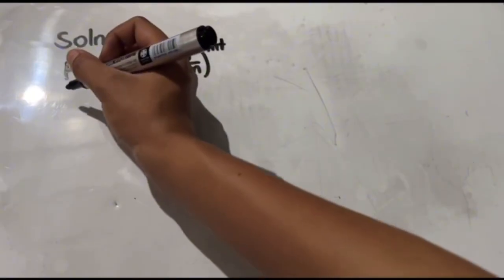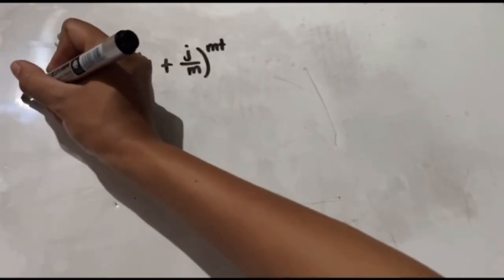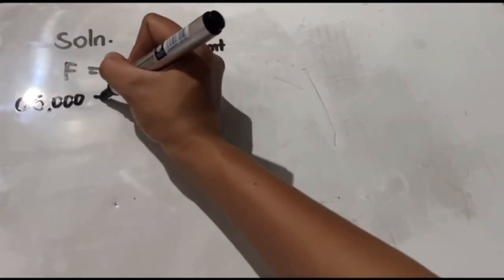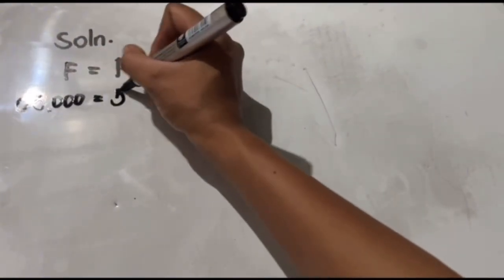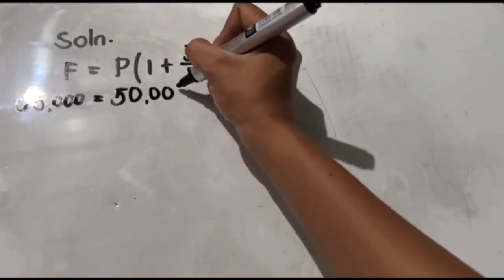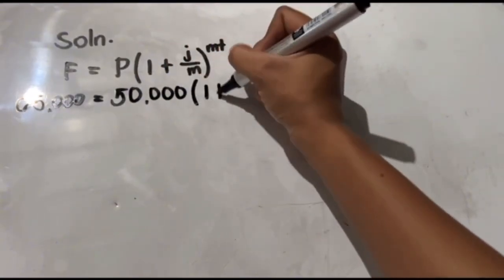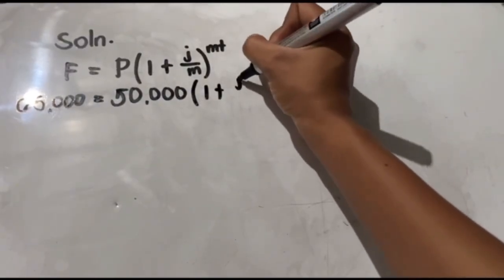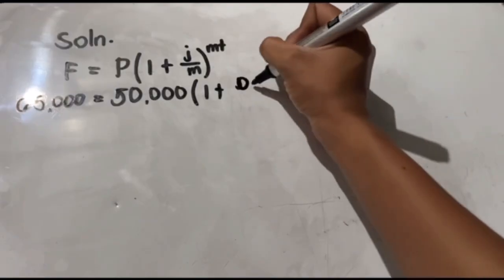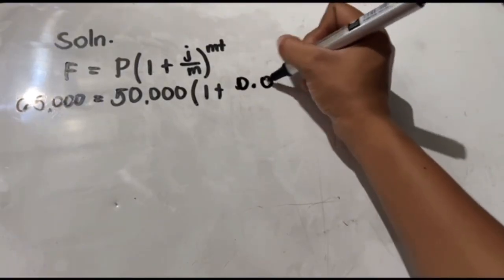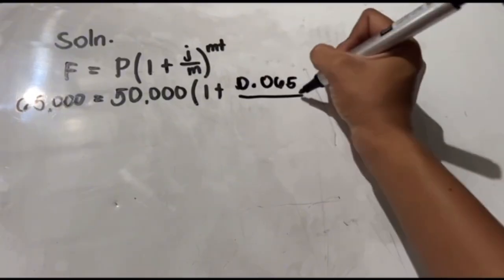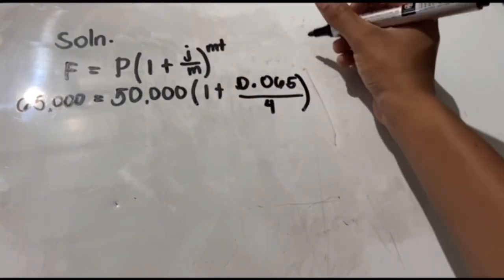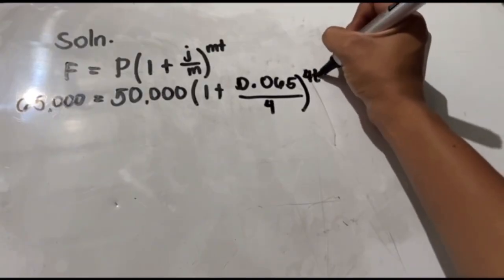For our future value, let's have 65,000 equals, for our principal, 50,000 times (1 plus our annual rate 0.065 divided by our compounding per year 4) to the power of 4t.